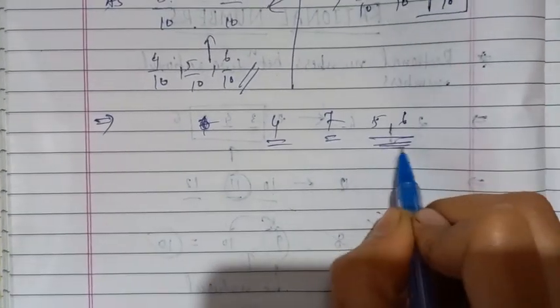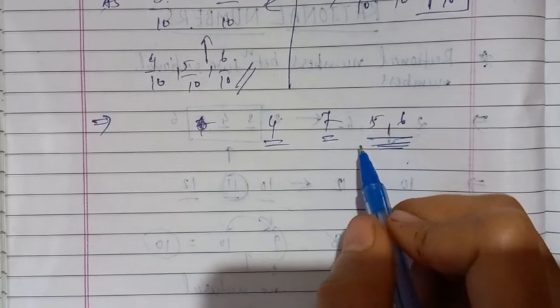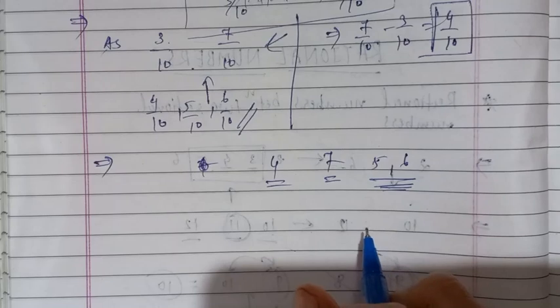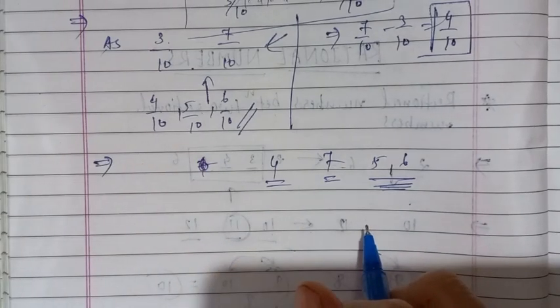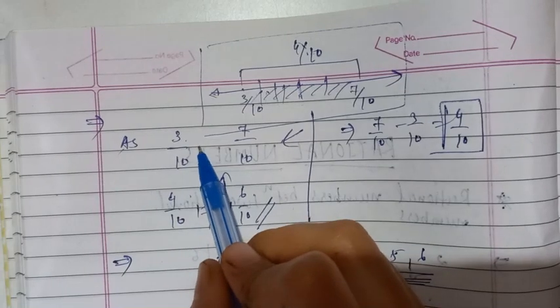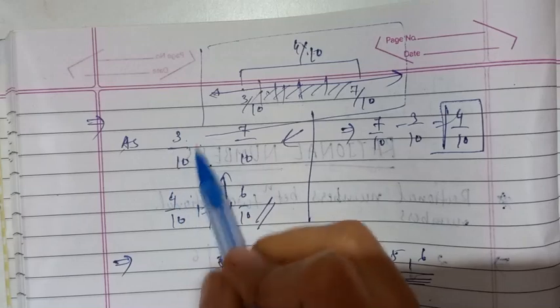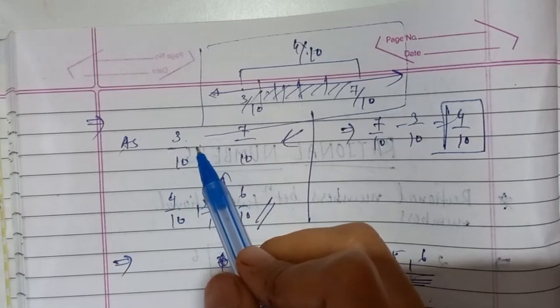Here it is definite because we know the difference. In rational numbers, we do not know the difference between any two. We can count, but we cannot decide that this is the only number that will come after 3 by 10.